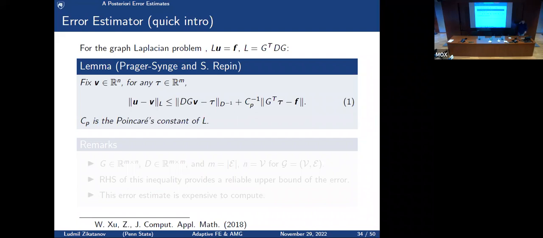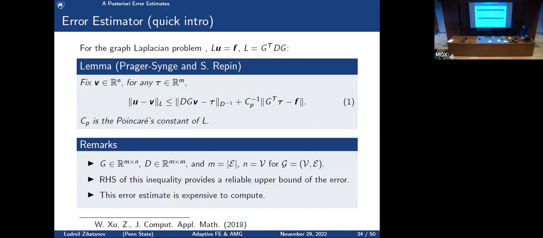Not only is this a result that is known. Prager-Synge gives you, if v is an approximation to u, this error estimate. L here is the Laplacian. And of course, this is also not very practical because you need to know the value of the Poincare constant, which is the minimum eigenvalue of the Laplacian. How can you know? Okay.